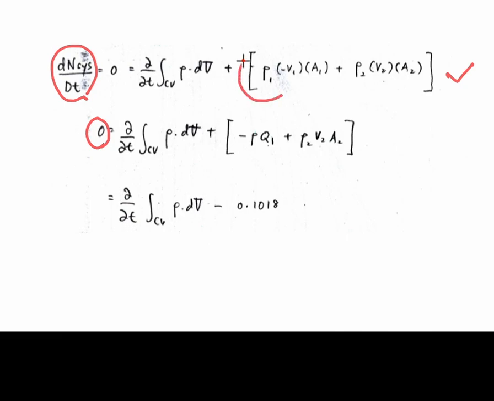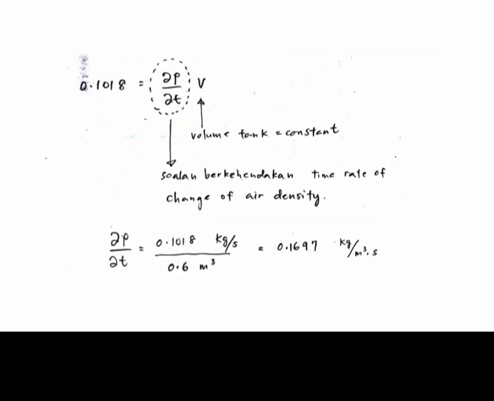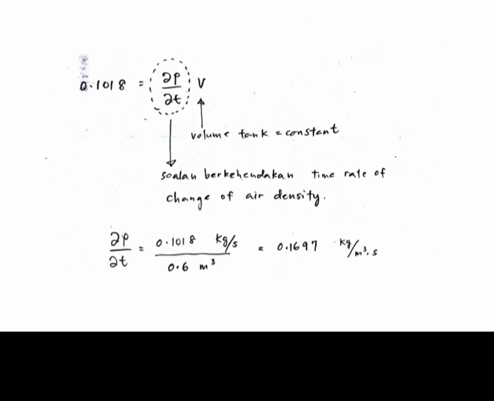Then we can calculate this term, which is equal to 0.1018. You can refer to the previous calculation. We need to leave this term as it is. Because here we have a 0, we bring 0.1018 to the left hand side, so we have this one.